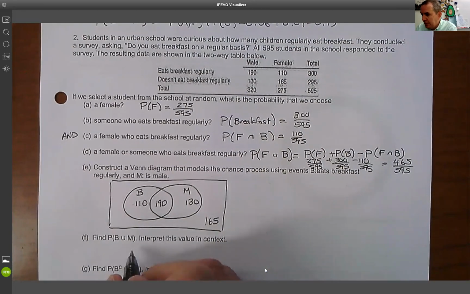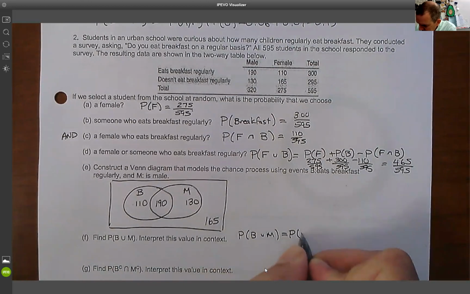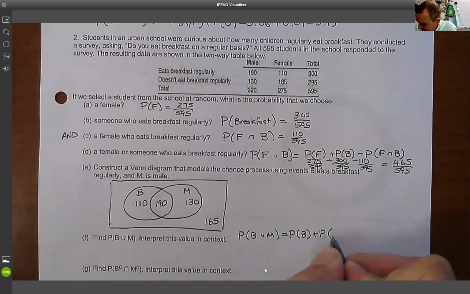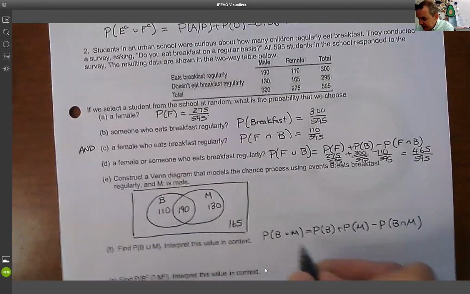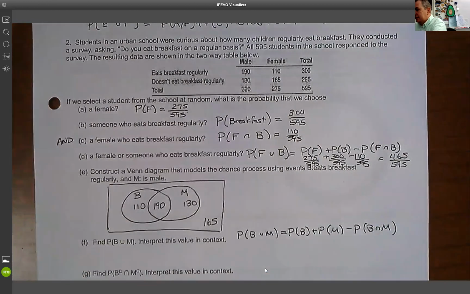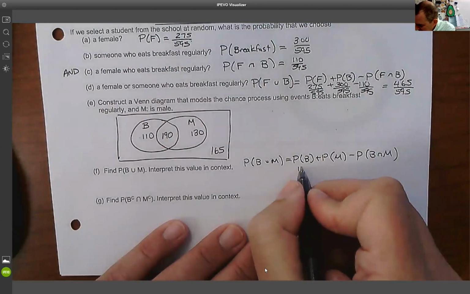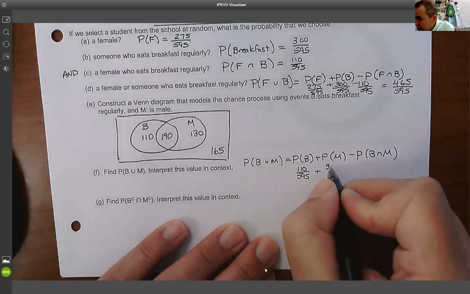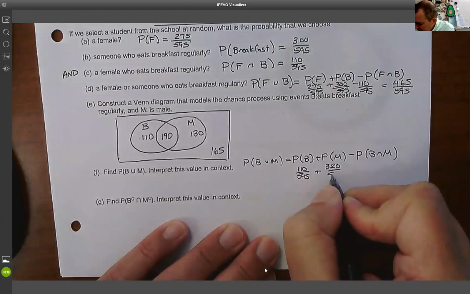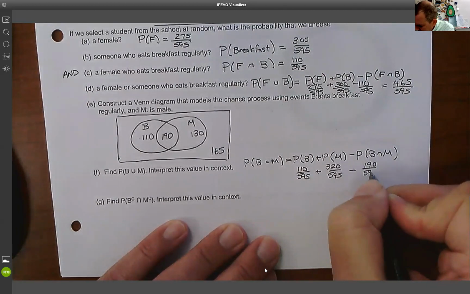Now, probability of B or M. The probability of B or M is equal to the probability of B plus the probability of M minus the probability of their overlap. So the probability of B is 300 out of 595, the probability of male is 320 out of 595, minus the overlap of 190 over 595.